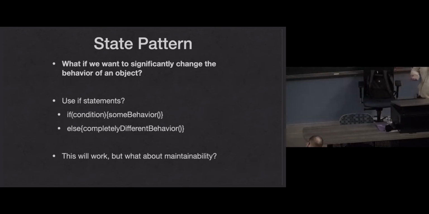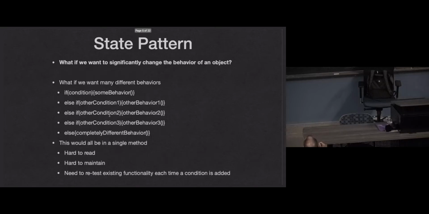I love conditionals. I use conditionals all the time. But there are specific cases where I pull out the state pattern, because that's a better solution for that specific problem that I have. Usually this is when I'll pull out the state pattern: I have a whole lot of really different behavior that I can't easily change through values stored in state variables by just saying, well, this value is this, so I'll get different behavior.